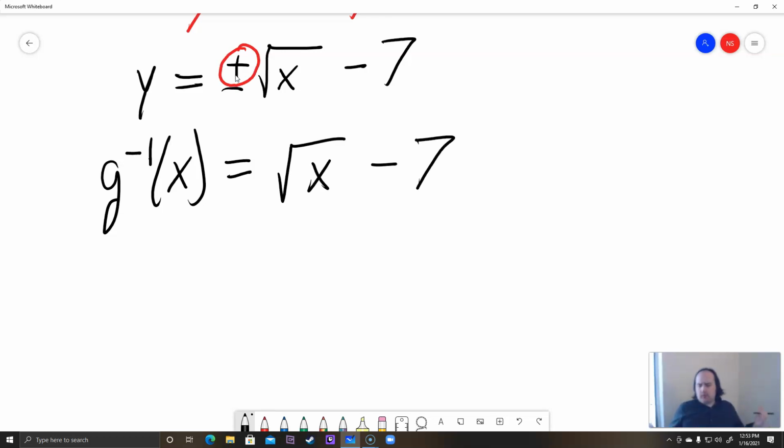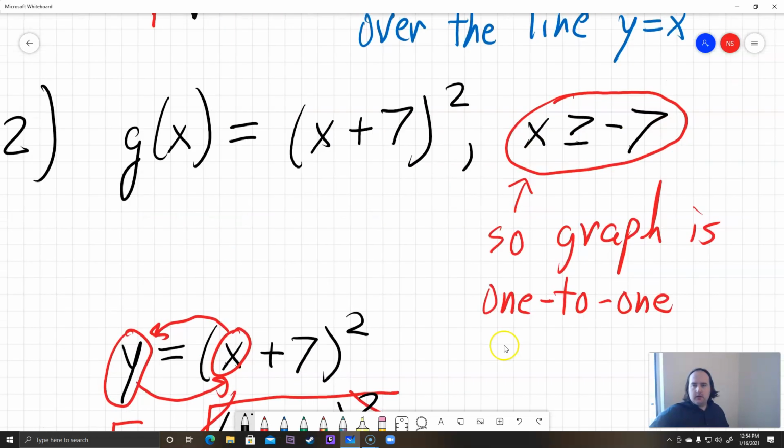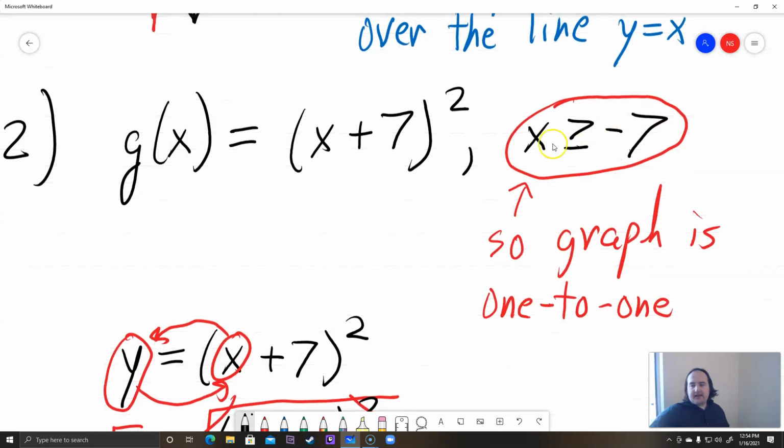Now you might be wondering, why is it just the plus? What happened to the plus or minus? Well, it turns out that we don't need the minus. Because if we had a minus here, then x would actually be smaller than negative 7. I know that sounds a little bit strange, and if you look at the graph, it might make more sense to you.